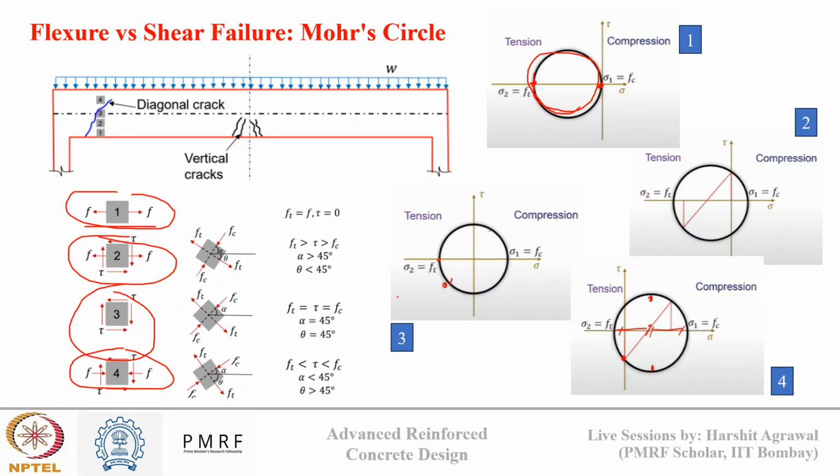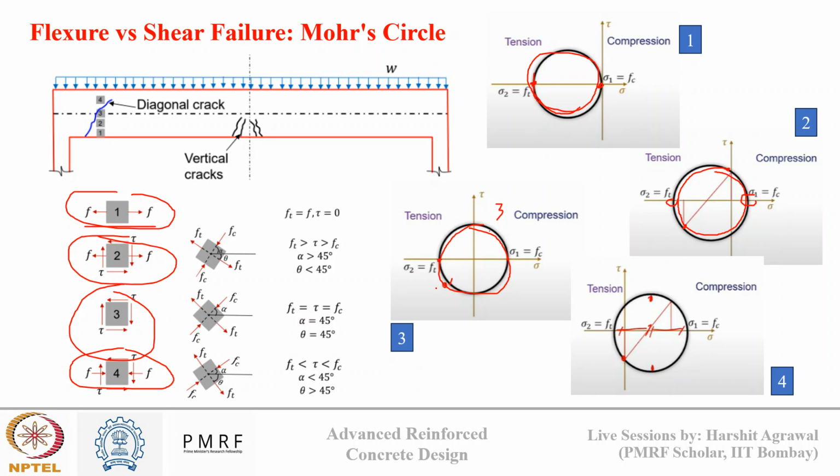Based on the shear value I know, I can draw a Mohr circle again and estimate the principal stresses. Again, when there is only shear and no flexure, this is case number 2: there is one point here and one point here, which are known to me. From this I can draw a circle and estimate the principal stresses.